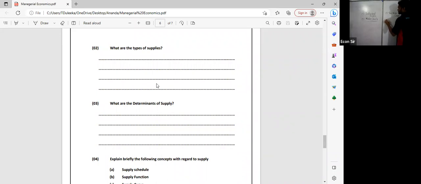Second one is supply of raw material. ඒ කියන්නේ අමුද්‍රව්‍ය සැපයුම්.